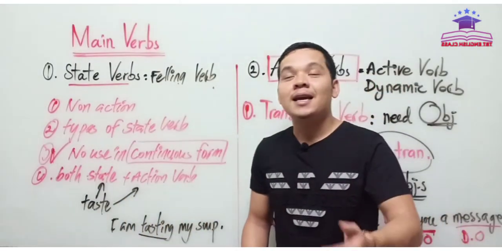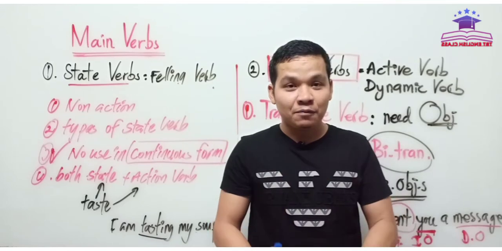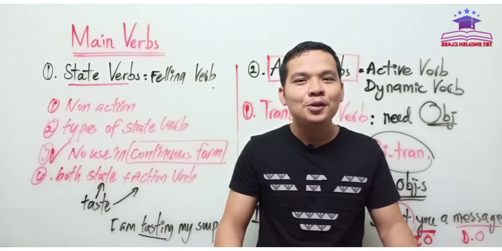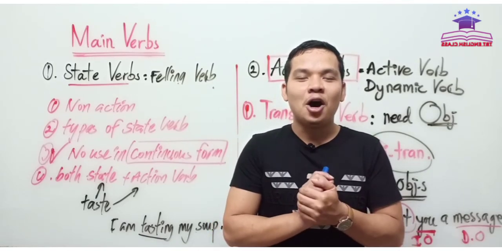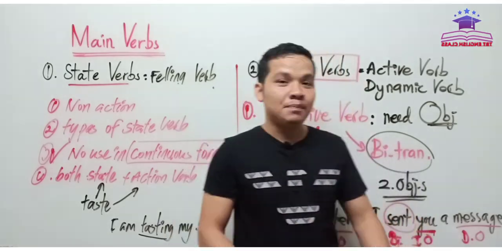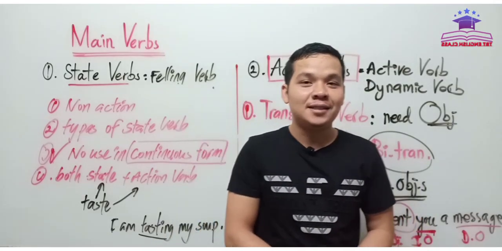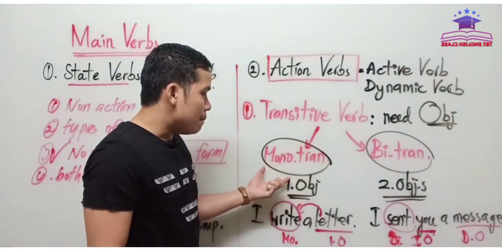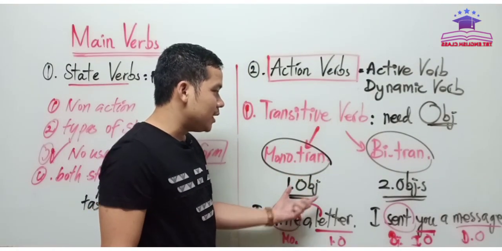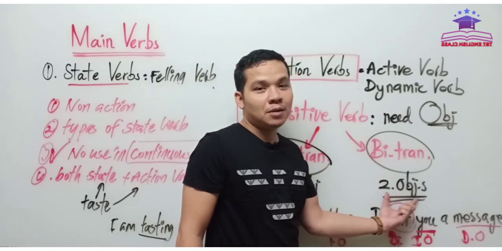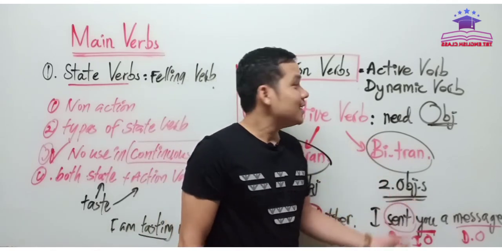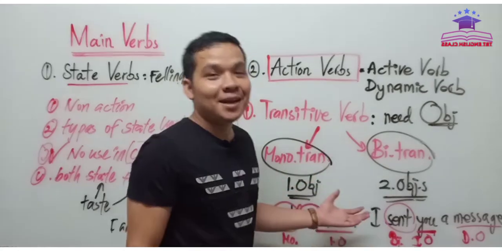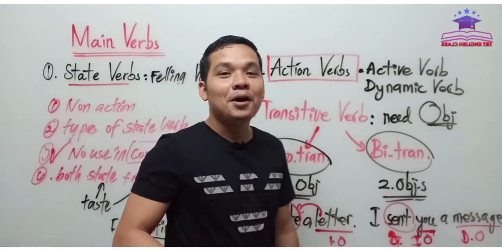Just remember that intransitive verb is the action verb that does not need objects. Every verb that doesn't need an object we call intransitive verb, and the verb that needs an object we call transitive verb. And transitive verb can be monotransitive verb that needs only one object, or bitransitive verb that needs two objects.